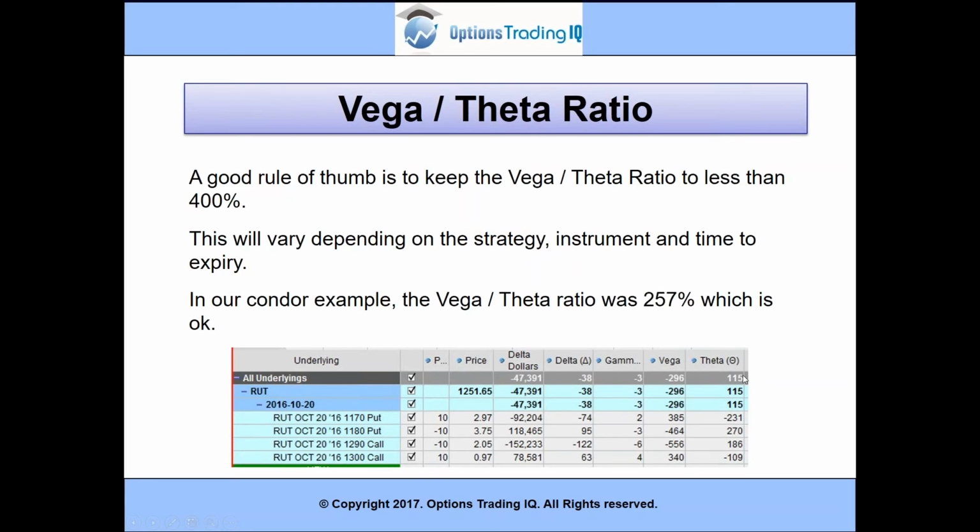But for me, my rule of thumb is 400%. As long as I'm not over 400%, I'm okay. I'm happy with that. So this position's fine as it is in terms of our Vega theta ratio, but our delta theta ratio needs work. That's the problem here: price is a big driver in the portfolio.